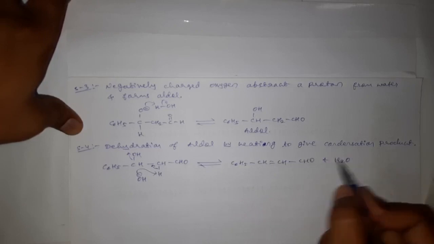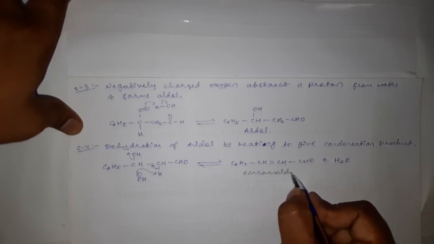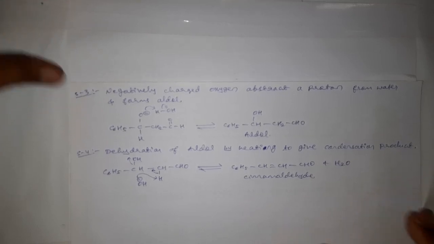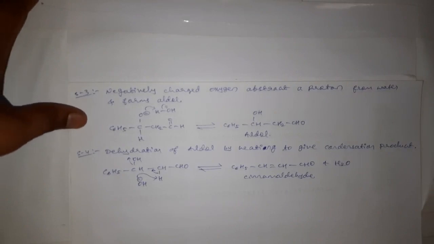Correct? And its name is cinnamaldehyde. Okay, this is the reaction mechanism for the Claisen-Schmidt reaction.